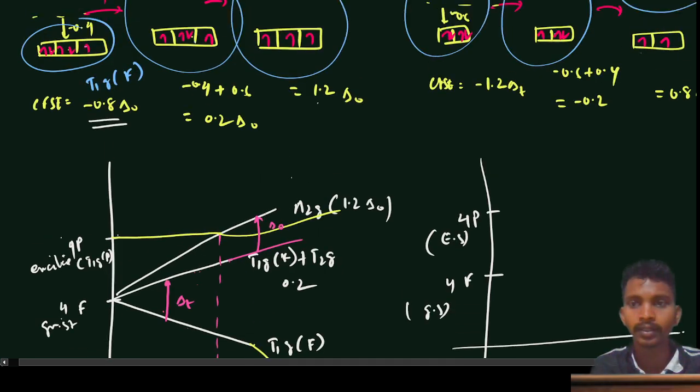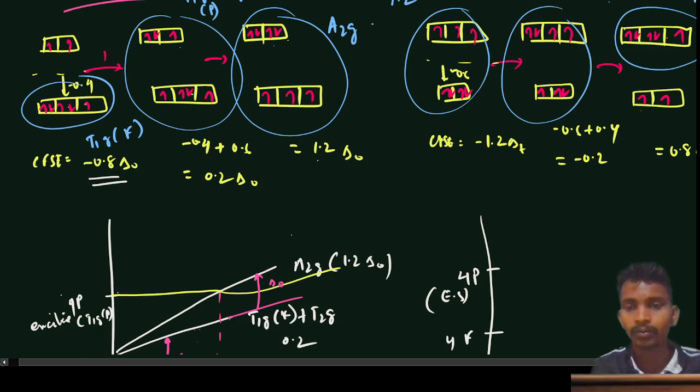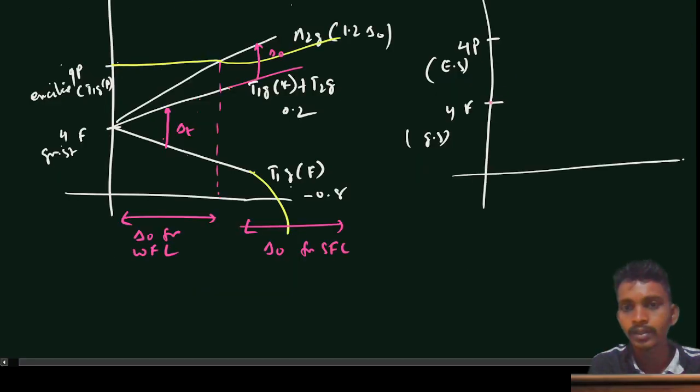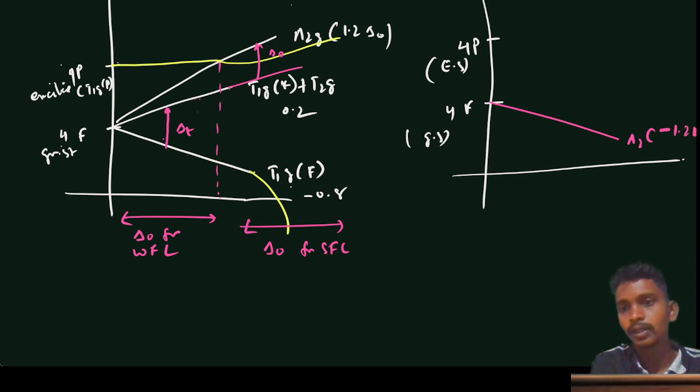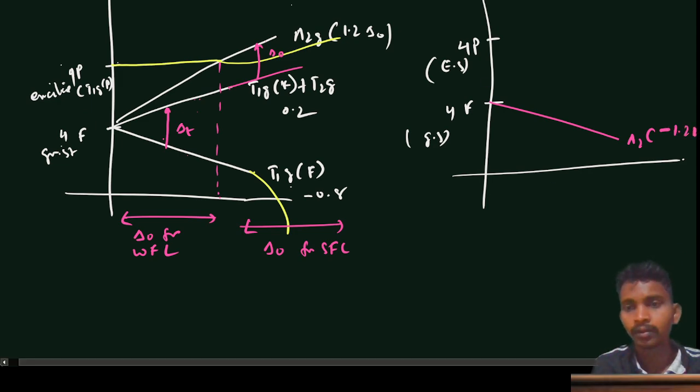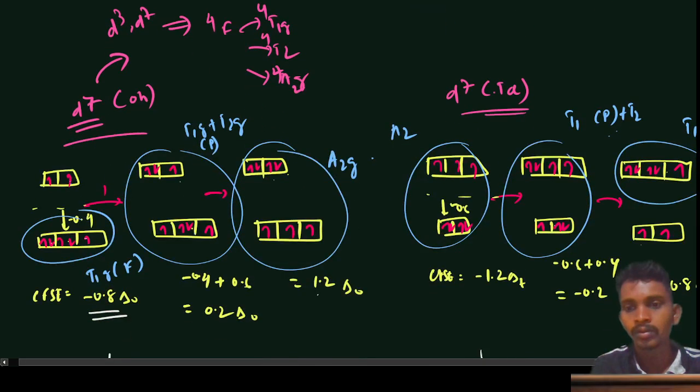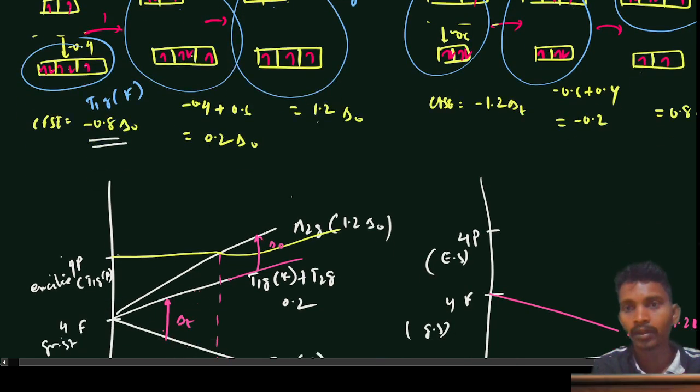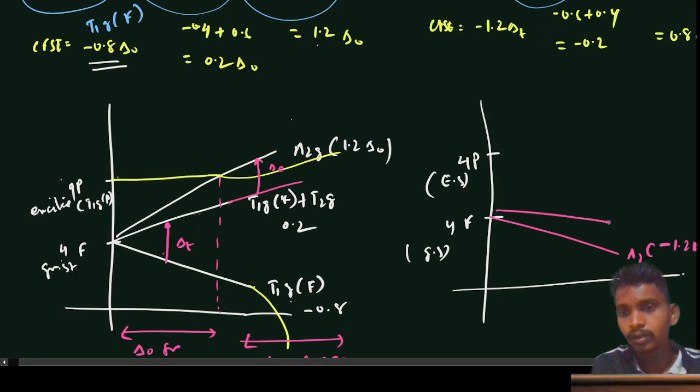Okay, similarly if I go for this case, that 1.2 value, and that is maybe A2. Okay, here A2 is the ground state, here A2 is minus 1.2 delta T. And A2g and T2g, A2 this value, this is for T1 F plus T2, this is for minus 0.2.